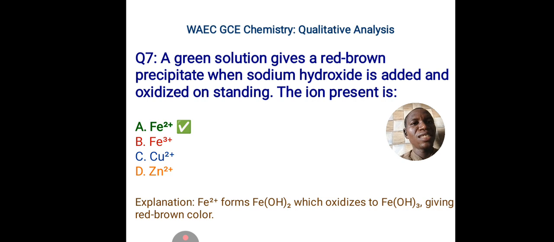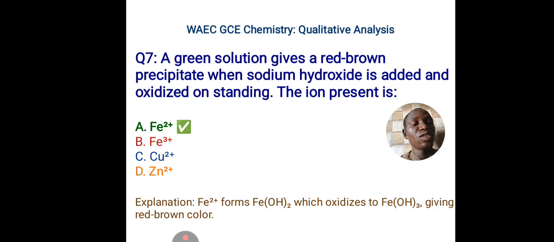So we go to the next question that says, a green solution gives a red-brown precipitate when sodium hydroxide is added and oxidized on standing, the ion present is. So this green solution is usually iron 2.